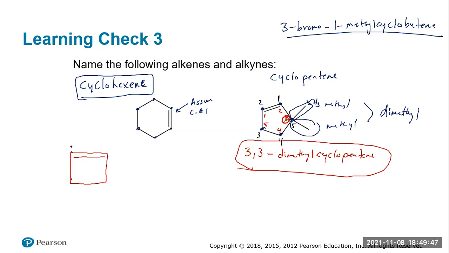That means this technically could be carbon 1, and this would be carbon 2, and I'll number this way 3 and 4. That means at carbon number 1, there should be a methyl group. So I could just throw a line going up here. If you want, you could do the CH3. And at carbon number 3 would be the bromo group, which would be over here. Any questions on that one, or how to name cycloalkenes?